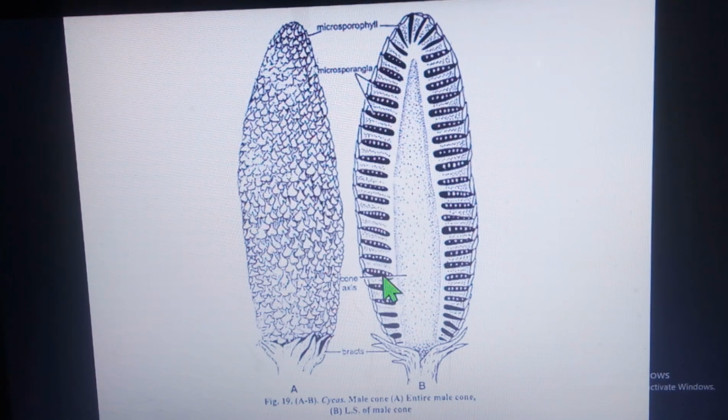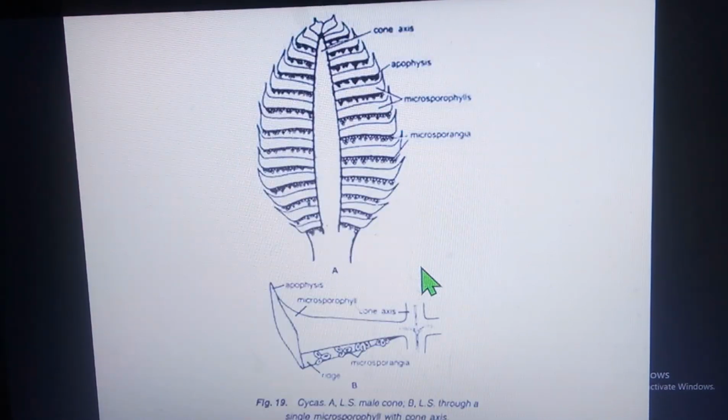Now if we talk about only a single microsporophyll here, if we take out this single microsporophyll, it measures about 3 to 5 centimeter long and 12 to 13 millimeter wide.